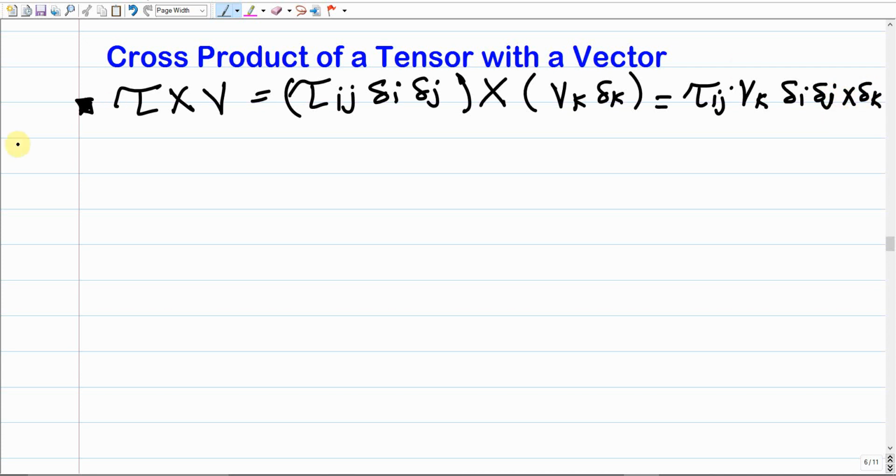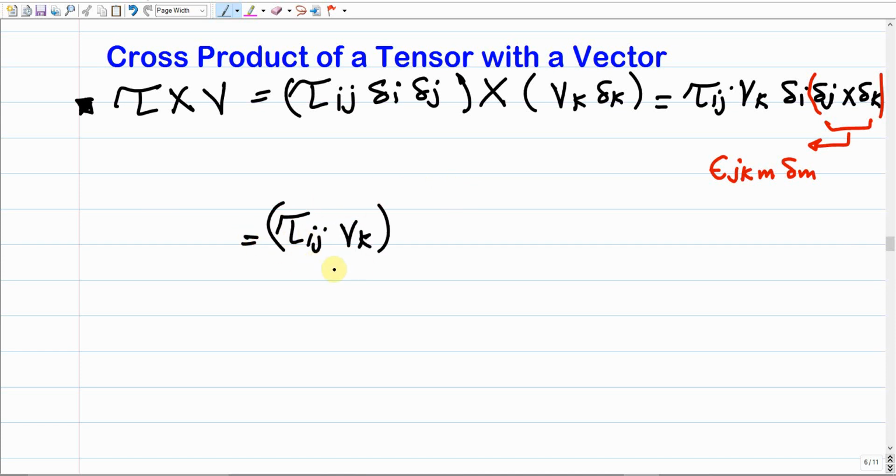And if you remember, as we discussed above, we're gonna do the operation over these two unit vectors, and this term should give us epsilon_jkl or m. Let us use m, for example, delta_m. I have to use an index that I didn't use before, right? So at the end, we're gonna end up with this form: we're gonna have the tau_ij v_k.